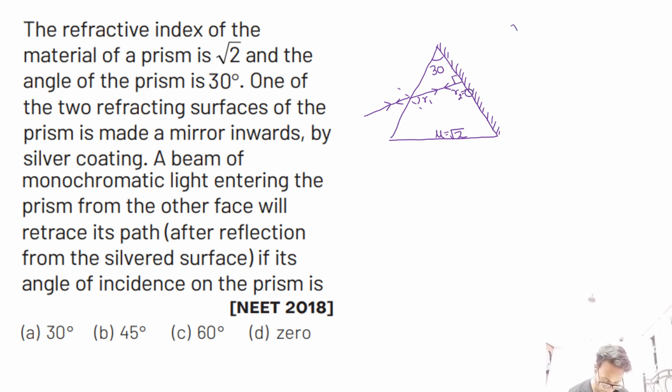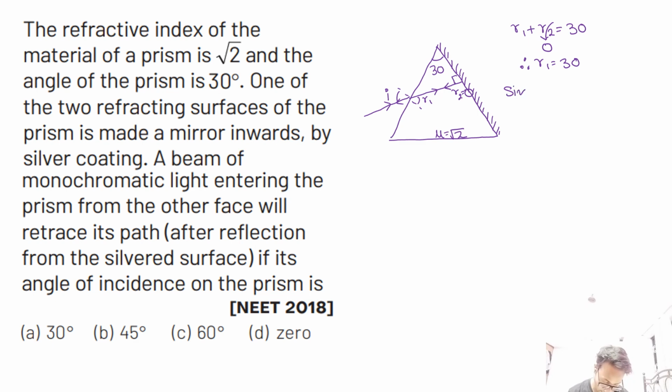We know that R1 plus R2 is equal to the prism angle, and R2 is equal to 0, because the mirror has normal incidence, or angle of incidence is equal to 0. So from this we know that R1 is equal to 30. Now we need to find out the value of i.